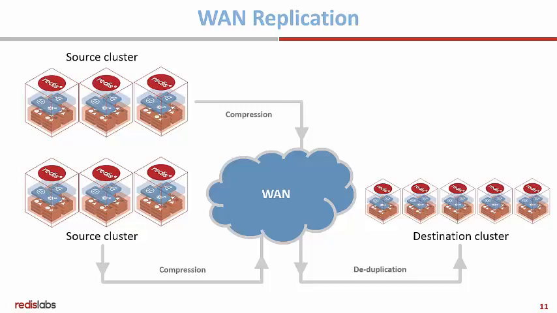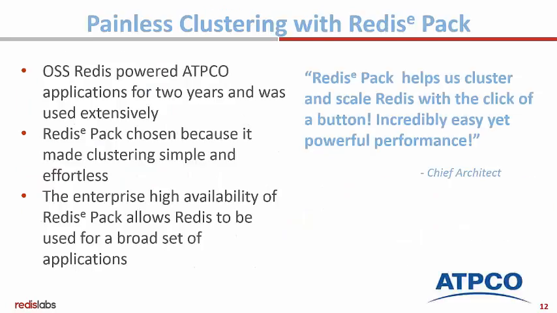Okay, so before I go to a quick demo, I wanted to go to the next slide and just talk a little bit about an example use case. One of our customers is ATPCO. ATPCO works in the airline industry. They do fare calculations or fare publishing in the airline industry. You'll find that Redis is used very heavily in the travel industry. They were open source users for a couple of years, and Redis was used extensively, but they chose Redis Enterprise PAC.